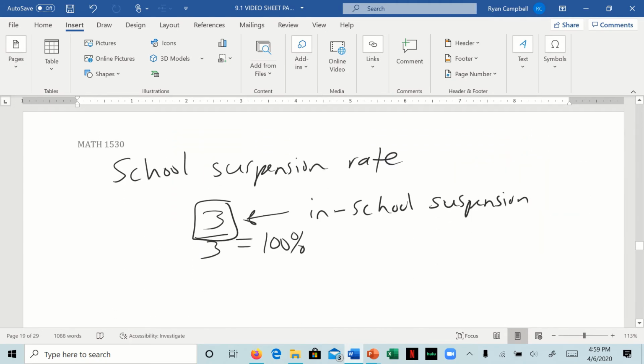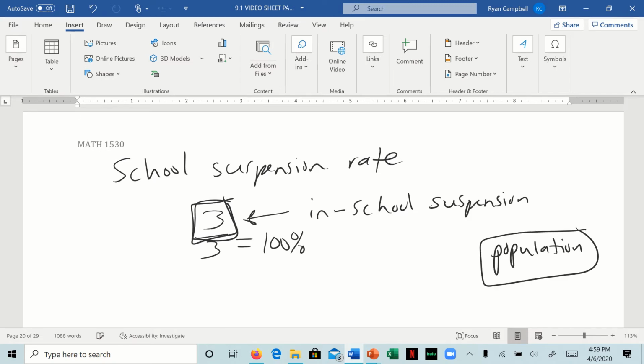Good. So a natural question would be, what's the cutoff point? So 3 is obviously a ridiculous number, but the entire population is also a ridiculous number, right? We can't necessarily talk to every single person in the country, in the world, whatever we're talking about, even in the county sometimes.